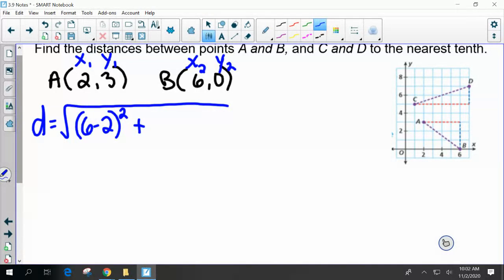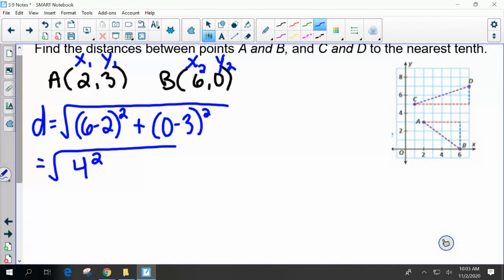And then y2 minus y1, so 0 minus 3 squared. Okay, so then I'm going to start simplifying that. 6 minus 2 is 4. So 4 squared plus, and then 0 minus 3. I'm going to keep that in parentheses, squared.